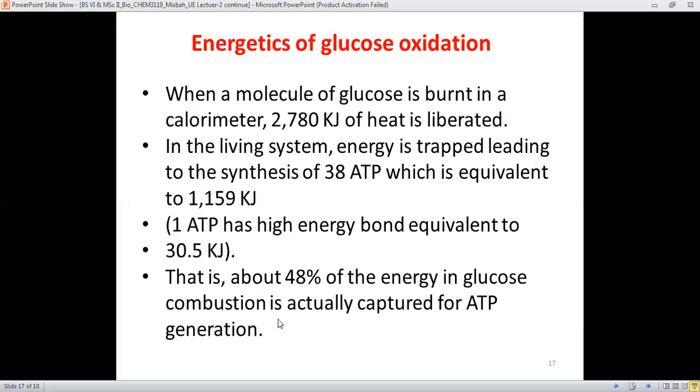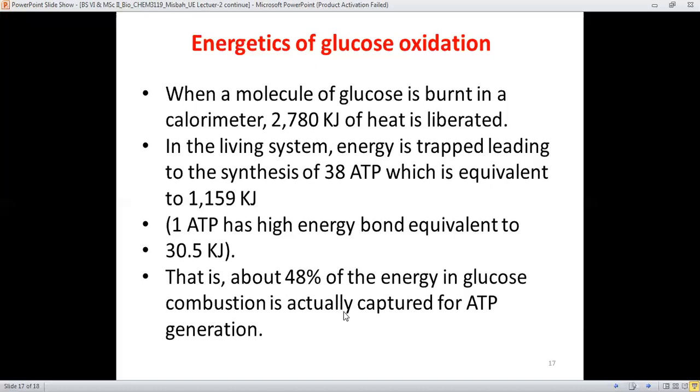Therefore, we can say that the glucose combustion or oxidation in the living system is actually 48% efficient, because 1159 is nearly half of 2780, and therefore efficiency is nearly 48%.